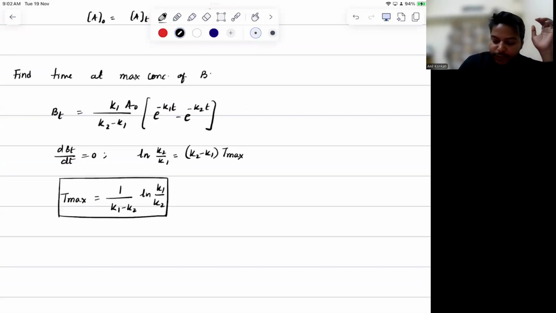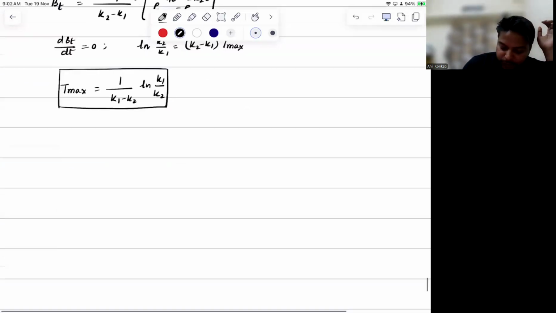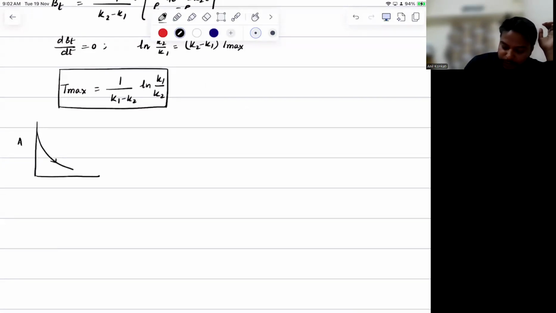Now, basically what we are trying to do graphically, if you check out, A is always decreasing. This is the concentration of A with respect to time t, and this value is A naught. Similarly, B goes up to some height and then again decreases.